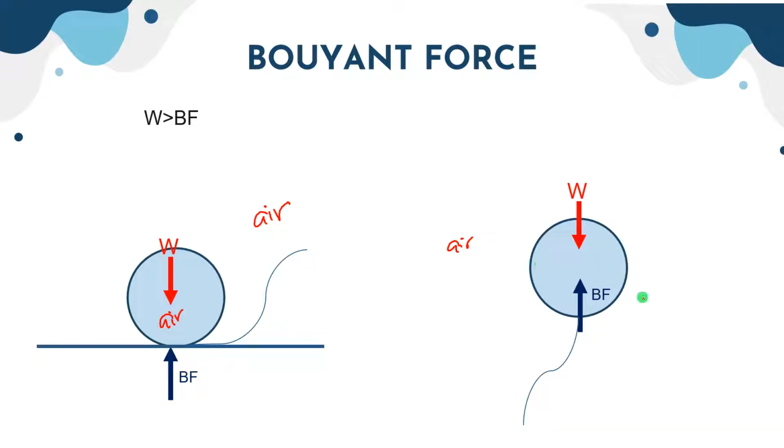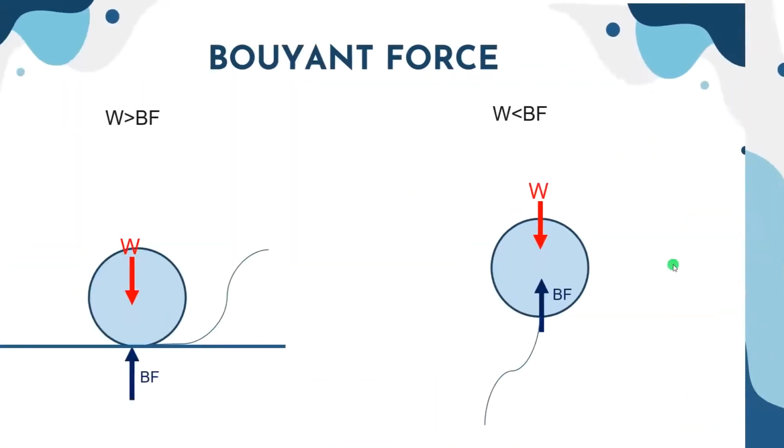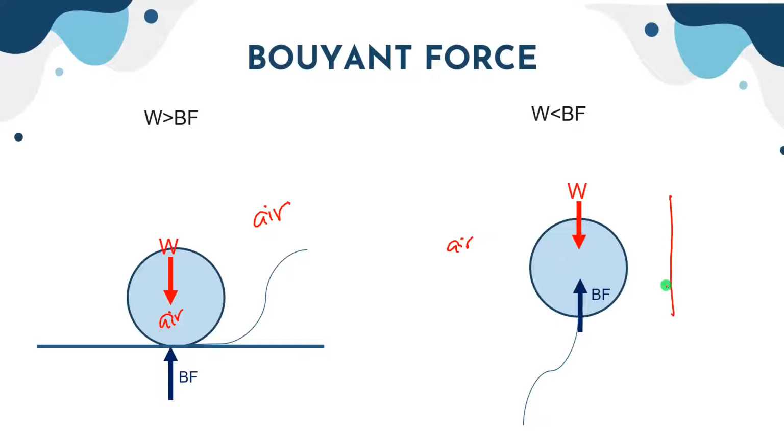So the buoyant force is greater than the weight of the balloon. The balloon will keep on rising until it reaches equilibrium, where the buoyant force will equal its weight. Okay, so let's start solving some problems which involve buoyant force.